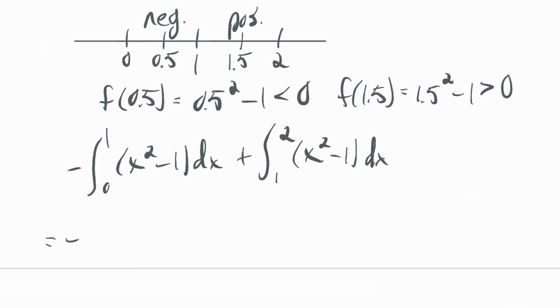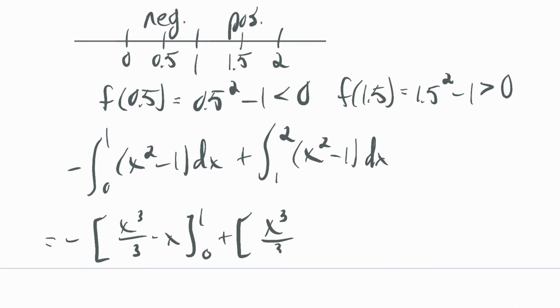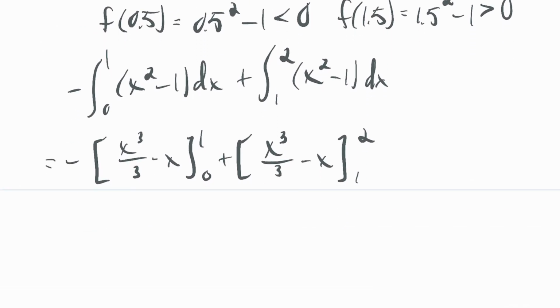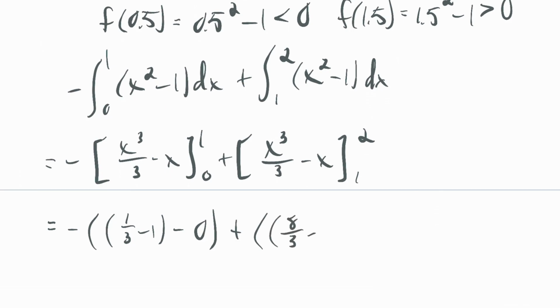So this equals, well, negative of x cubed over 3 minus x, evaluated from 0 to 1, plus the same antiderivative, because the function is the same in either case, from 1 to 2. Okay, so this will be the negative of 1/3 minus 1 minus 0. Okay, that's this guy. Plus 8/3 minus 2 minus 1/3 minus 1.